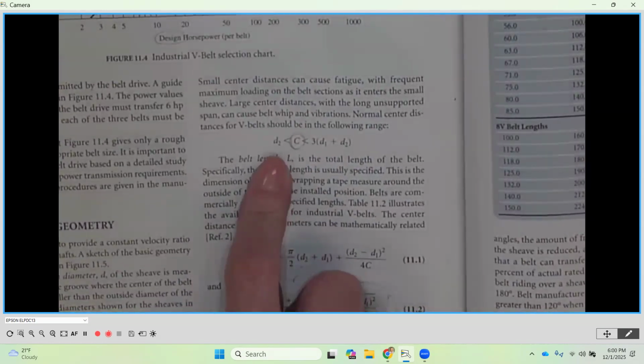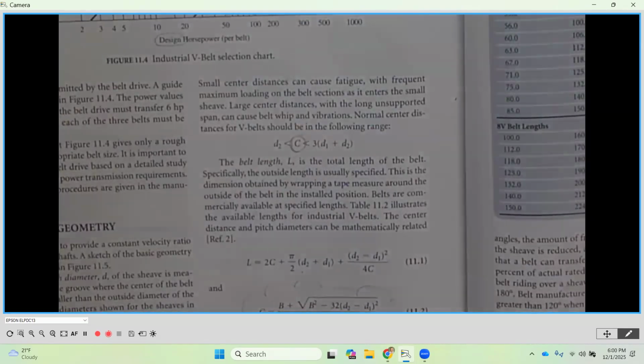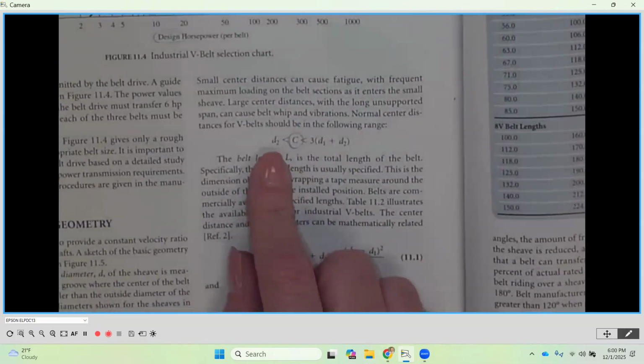So for instance, once we size the pitch diameter of each one of our sheaves, and we determine that they're commercially available, we take that larger sheave. When we look here, our 1s are going to be our smaller sheave or our driver, and the 2 is going to be our driven or our slower sheave, okay?